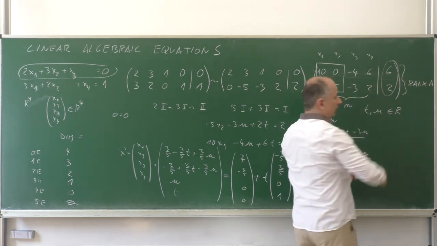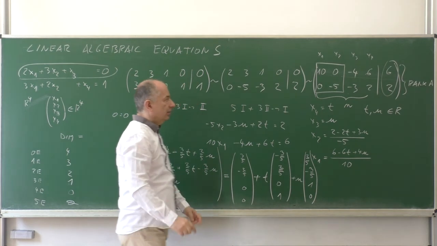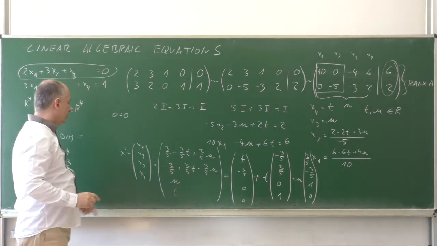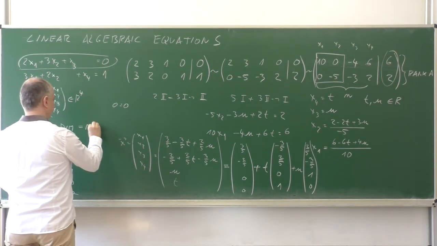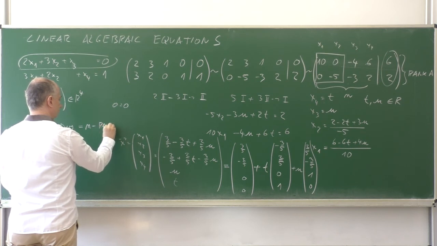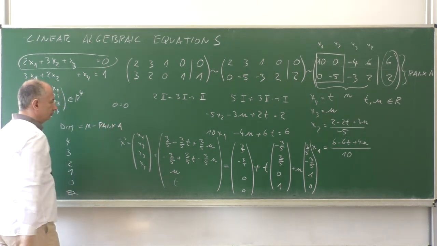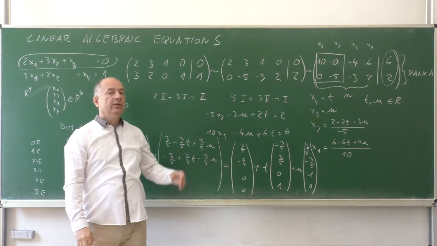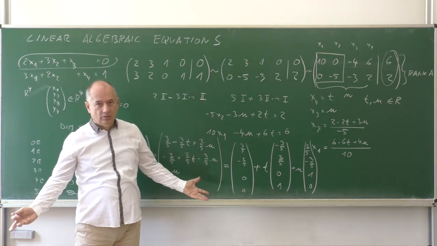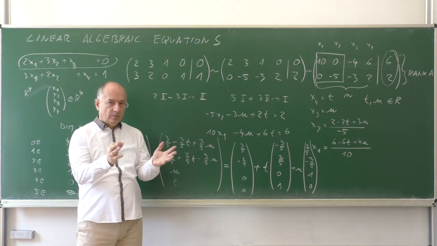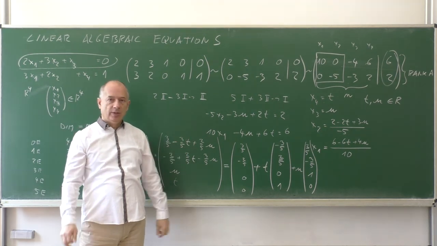So the number of columns in the middle part is n minus rank. And for the system to have a solution at all, the rank of the matrix must be equal to the rank of the augmented matrix.